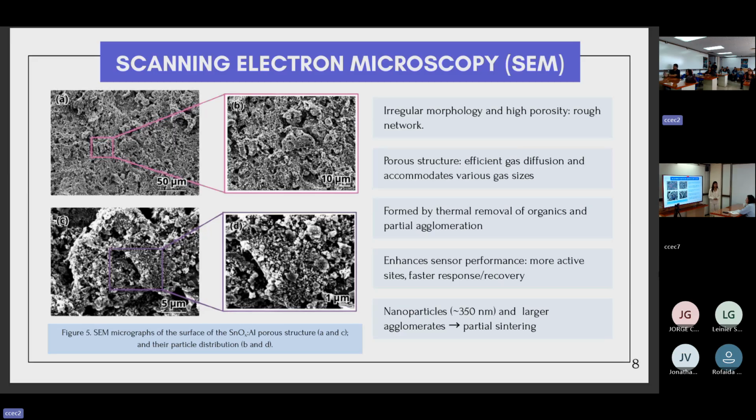This is formed by thermal removal of organics and partial evaporation. And also, this helps us to improve performance with more active sites, faster response, and also a high recovery time.